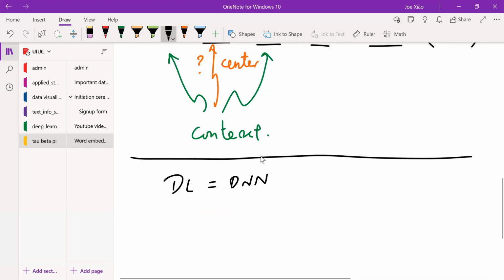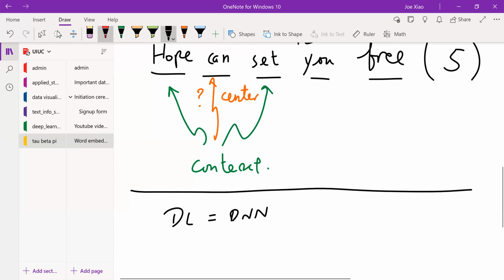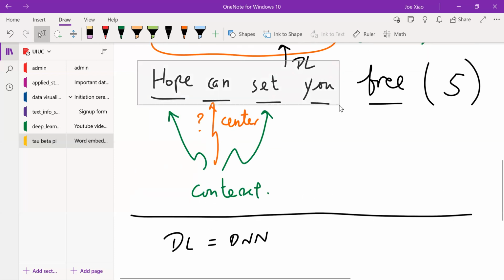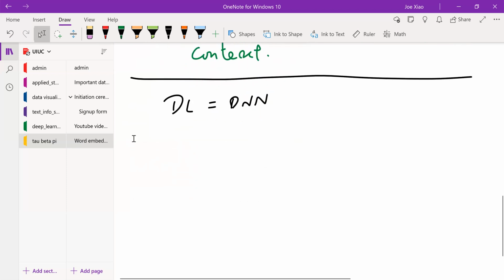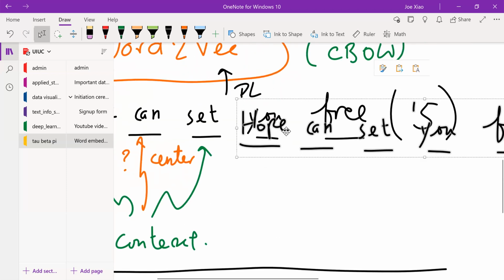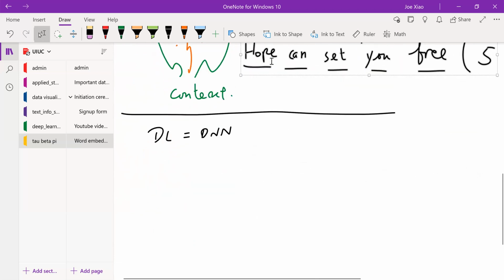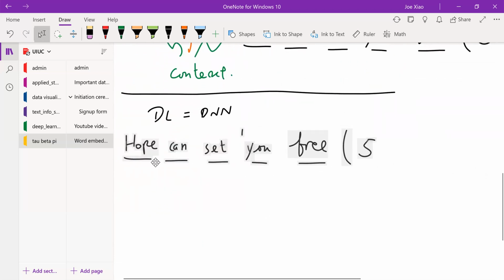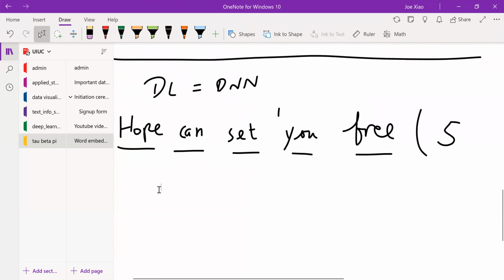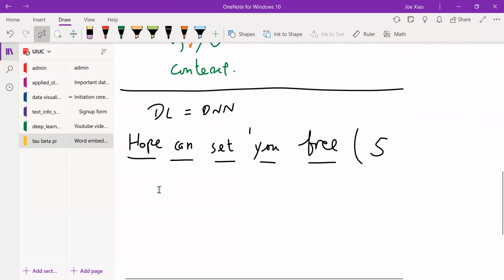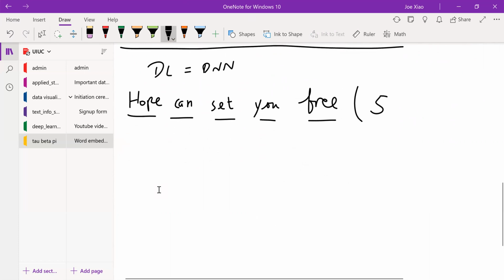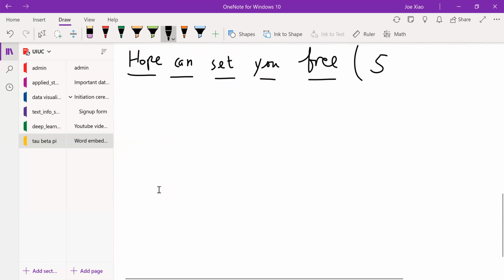Suppose I copy this thing over and bring that over here. So we have this, and we want to represent. We have access to the context words, and we want to predict the center word.